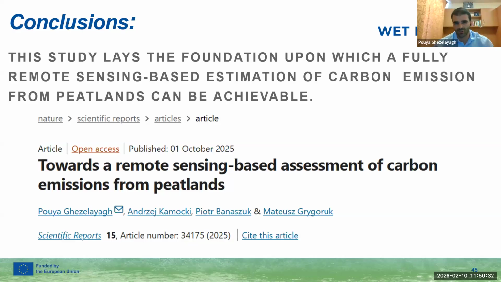And also, I would like to draw your attention to the word towards, which emphasizes that the main goal of this research is still undergoing, and we need to take consistent steps to achieve it.